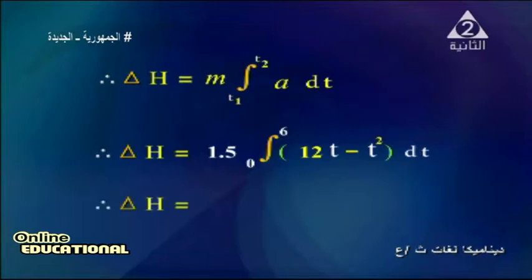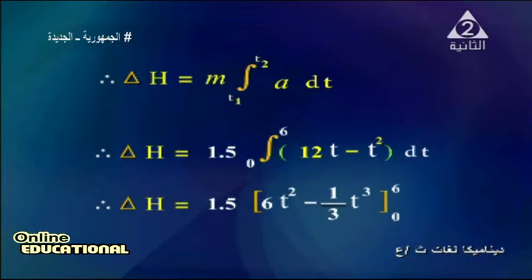The integration of 12t is 6t²: we add 1 to the power and divide by the new power, so 12t² over 2 equals 6t².